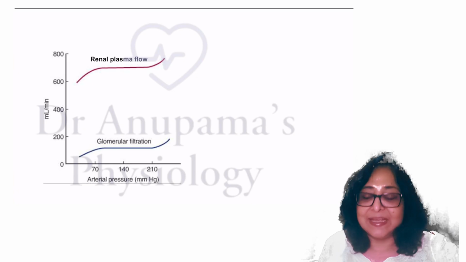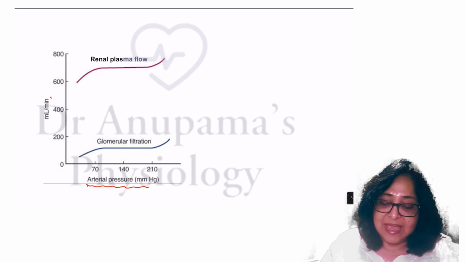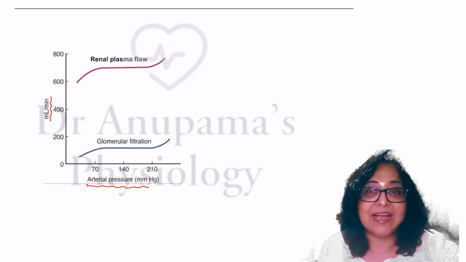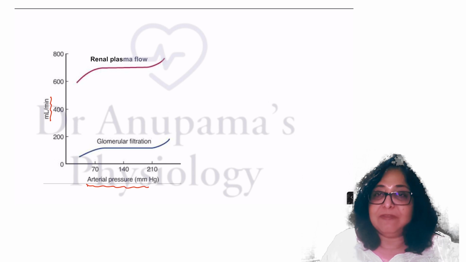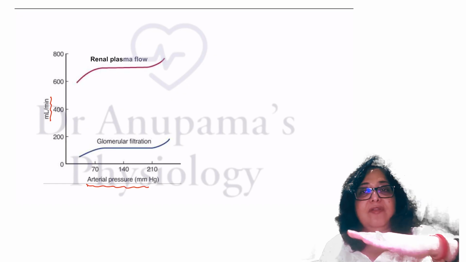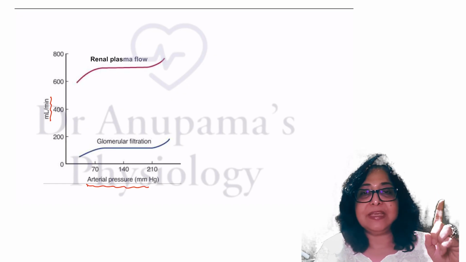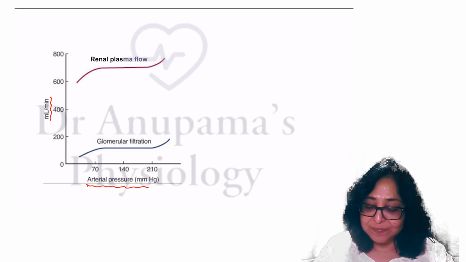Very, very interesting. We've got the arterial pressure on the x-axis and ml per minute on the y-axis. Now this tells you that the renal plasma flow and glomerular filtration are constant in a particular pressure range. Now what is that pressure range?